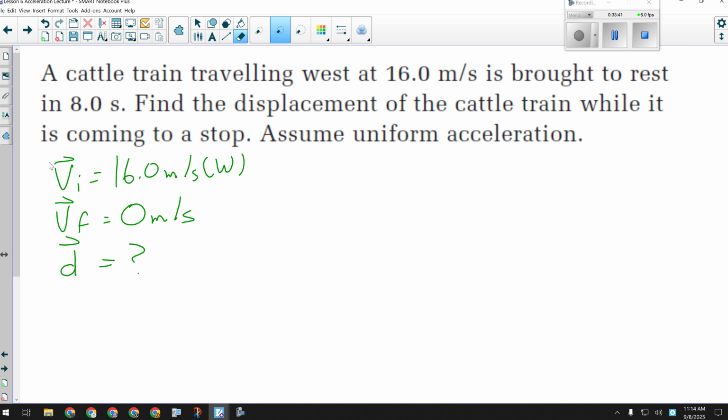Assume uniform acceleration. All right, sorry, the thing I missed there was the 8 seconds. Okay, so they outright say that it took 8 seconds. I have time, I have VF, I have VI, and they say uniform acceleration. Okay, which of the formulas that we had on that screen would fit here?